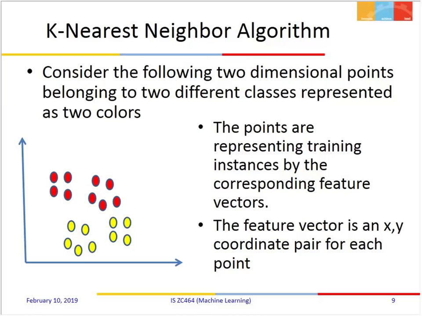So consider here the following two-dimensional points belonging to two different classes represented as two different colors. Okay, the points are representing training instances by the corresponding feature vectors. I can say that there were nine objects in the fruit recognition system which were actually being used for training, right?